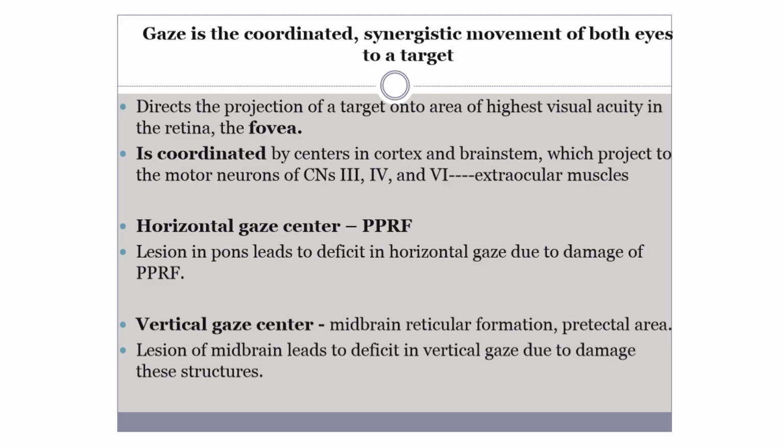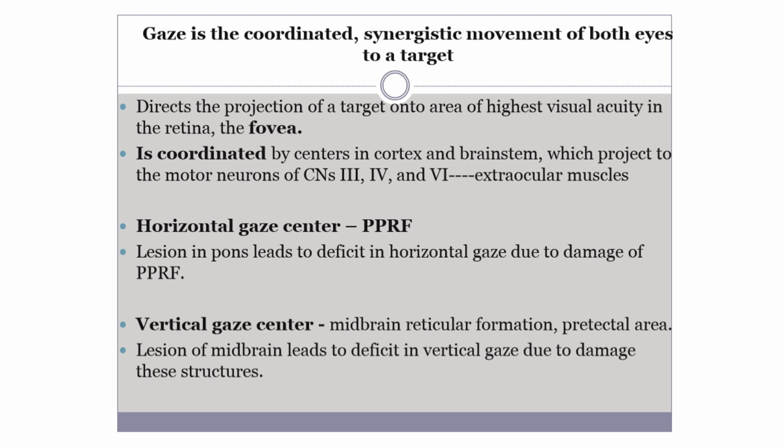Gaze is the coordinated synergist movement of both eyes to a target. It directs the projection of a target onto the area of highest visual acuity, or what we call the fovea. It's coordinated by centers in the cortex and the brainstem, which project to motor neurons of cranial nerves 3, 4, and 6, which control our extraocular muscles.